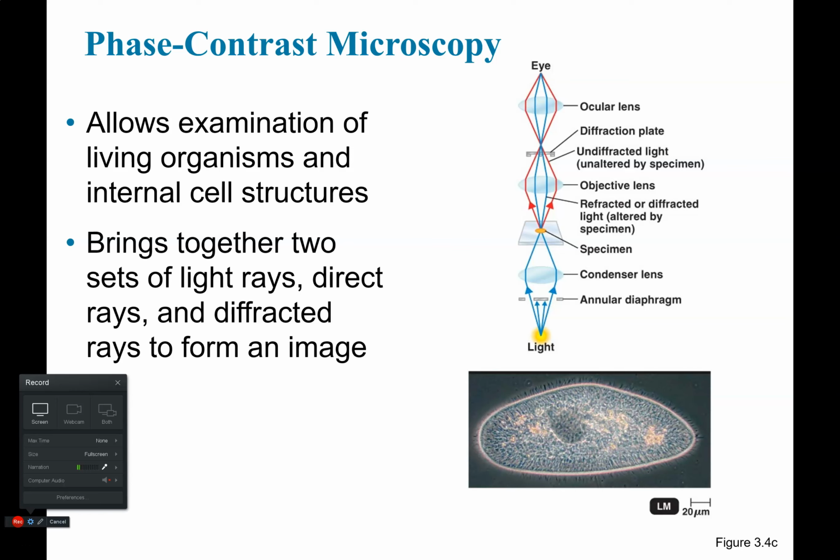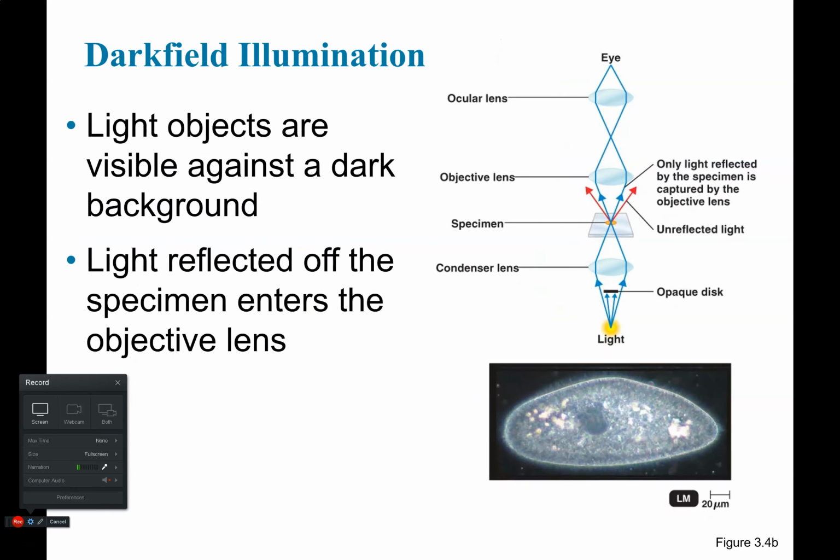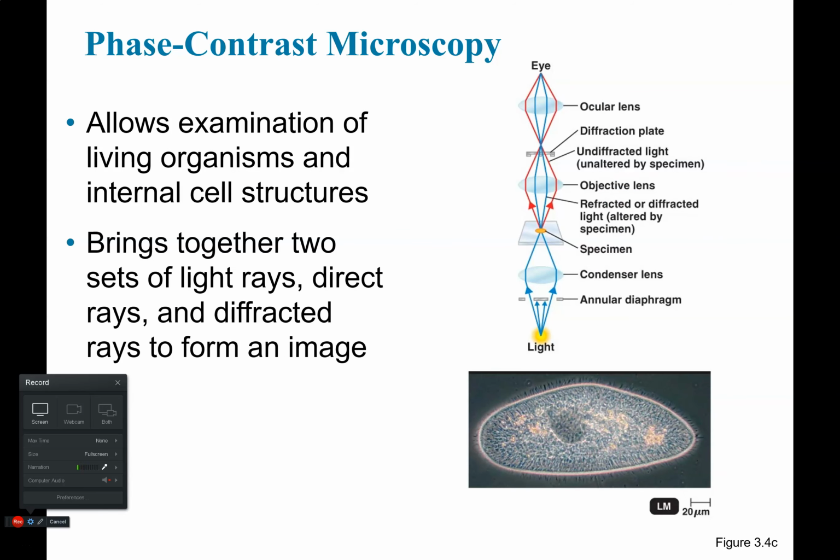So this is unstained, but notice that of the three so far, I think it's probably the most detailed, especially when you see all the cilia here on the outside, and some of the internal structures. So what happens with the different filters of the phase contrast is it can even add some dimension to it. It can add some color to it, even though it's not actually a stained specimen.